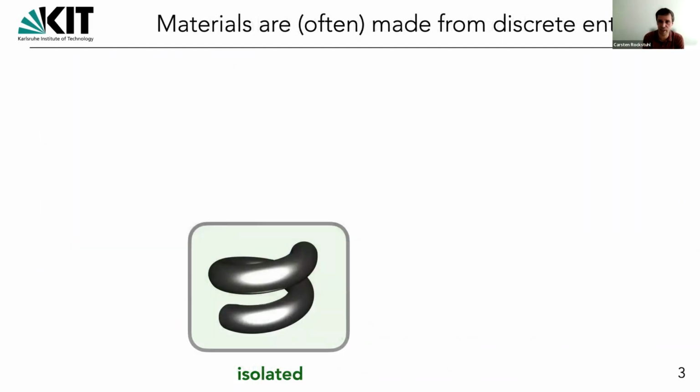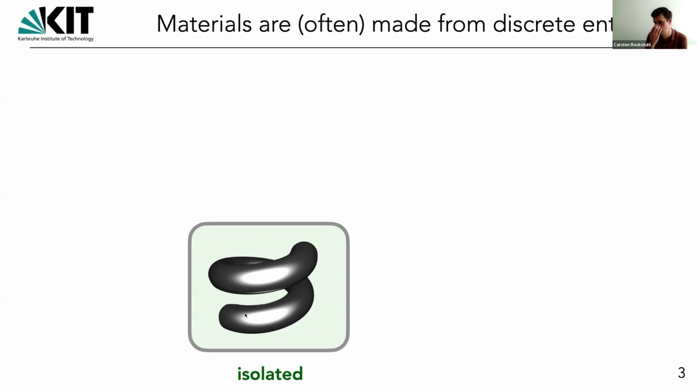So when I say at the start that I would like to develop a kind of comprehensive framework to discuss optical properties of materials, I really have to make only a single assumption. That concerns the way we are going to build the material that we are looking at: we start from isolated entities.